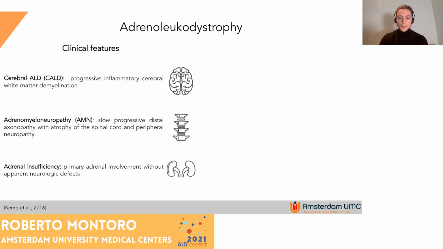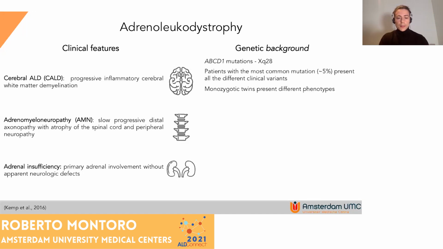A bit on the genetic part: all patients present mutations in the ABCD1 gene, and although that is the case, there is no clear genotype-phenotype correlation. This is best exemplified by the fact that patients with the most common mutation present all the clinical variants, and that monozygotic twins present different phenotypes.